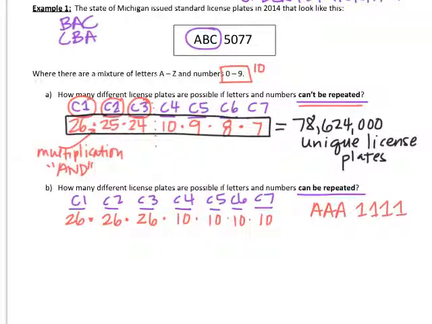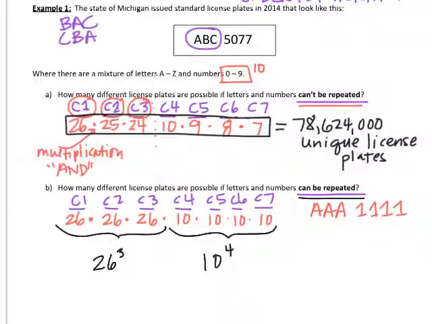So if we simplify what we have here, we would see that we have 26 to the third, and we also have 10 to the fourth. Okay, so if we look at this a little bit more carefully, when we're looking at items that can be repeated, we're taking the number of items and raising that to the power of options that we want to choose.